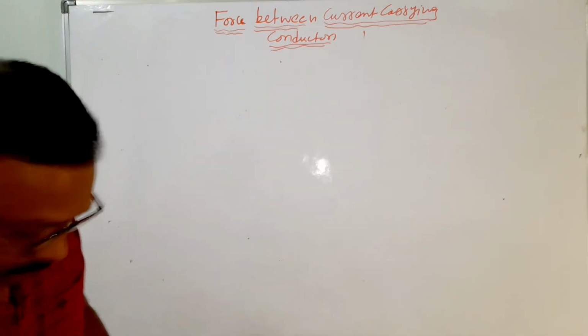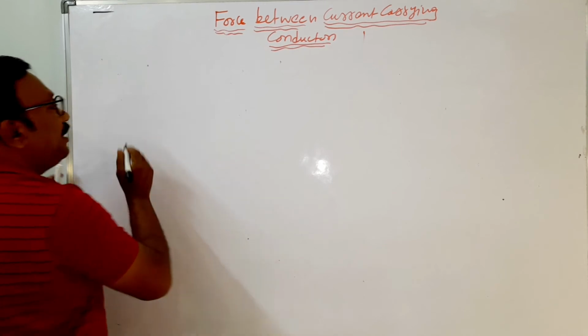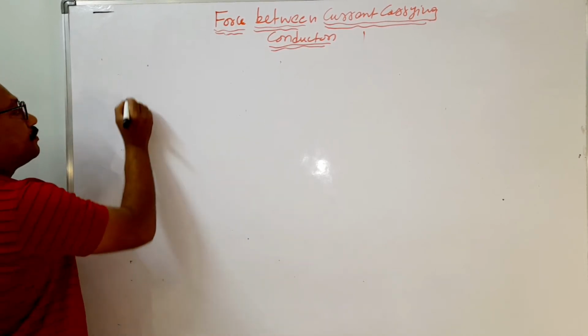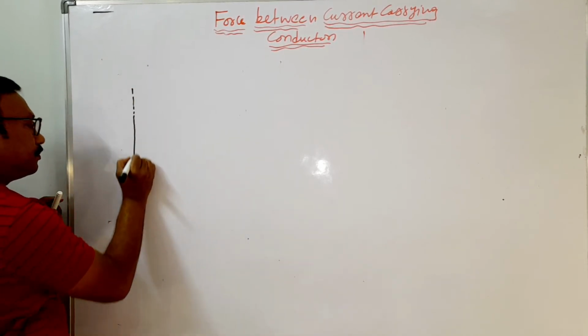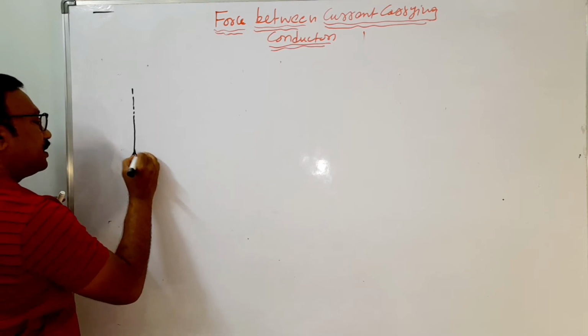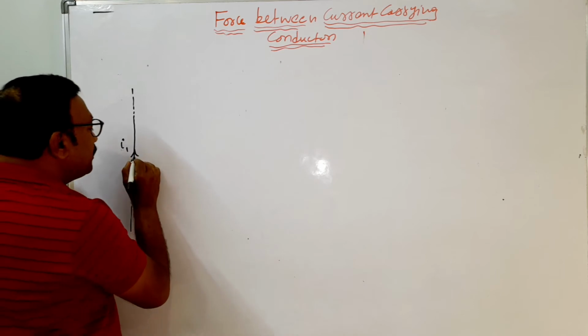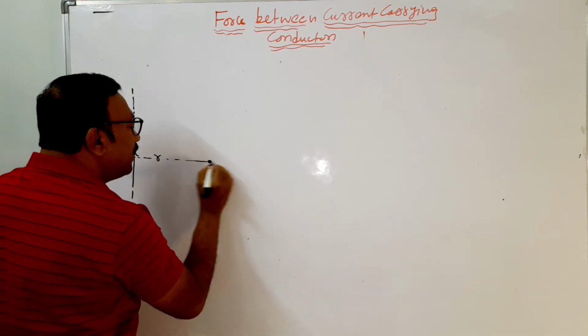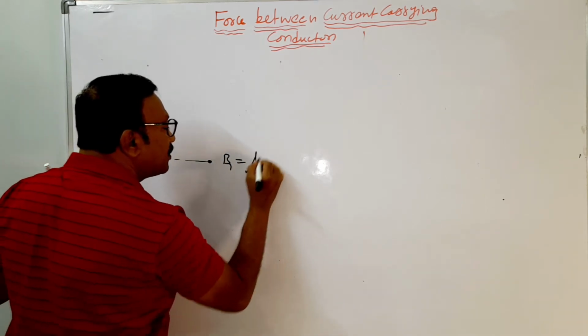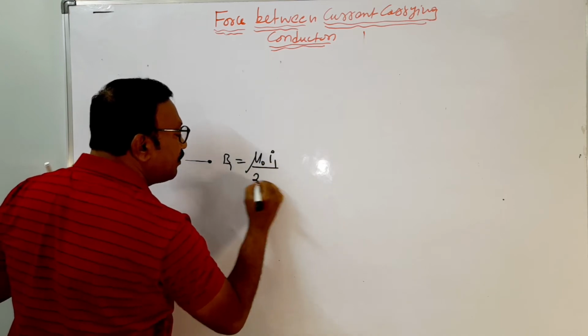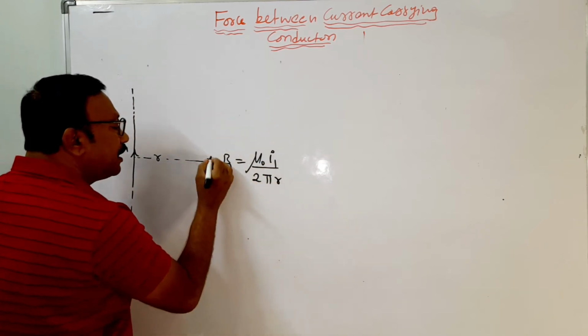Am I right? So I will take the first conductor now. This is a current I1. Now at a distance r, the magnetic field is B1, which is equal to mu naught I divided by 2 pi r, that is into the board.